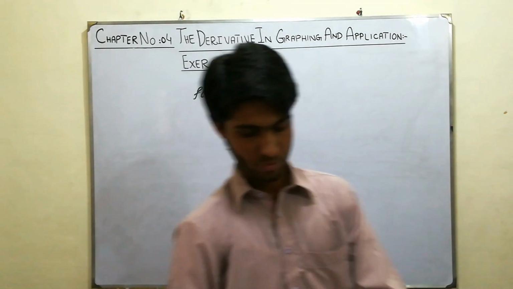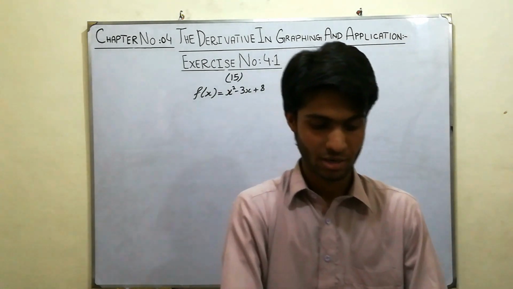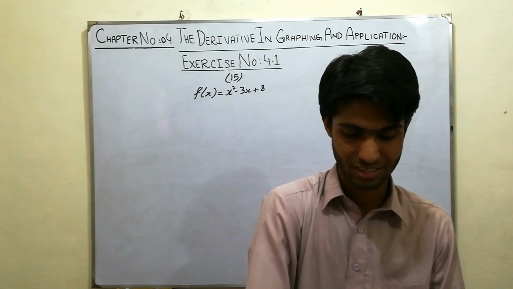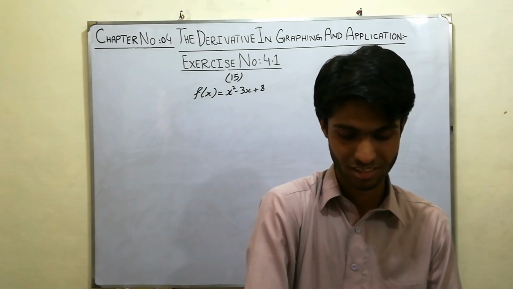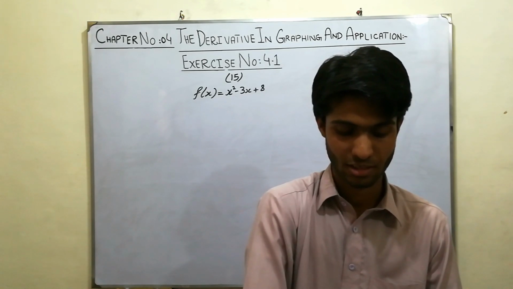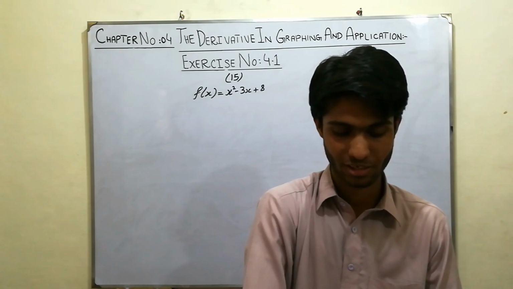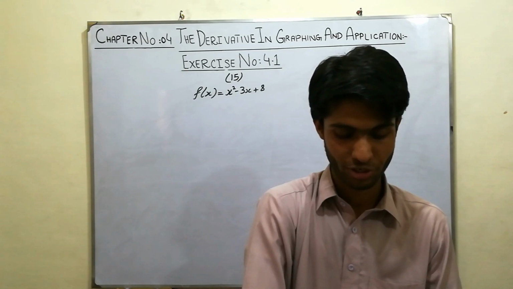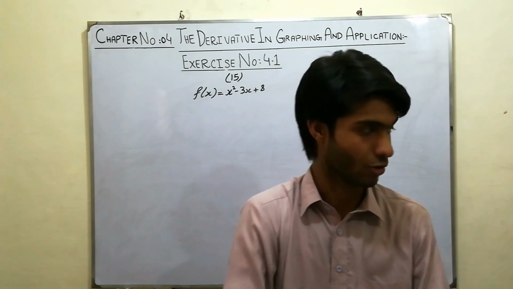In questions 15 to 37, they are asking us to find: A, the intervals on which f is increasing; B, the intervals on which f is decreasing; C, the open intervals on which f is concave up; D, the open intervals on which f is concave down.